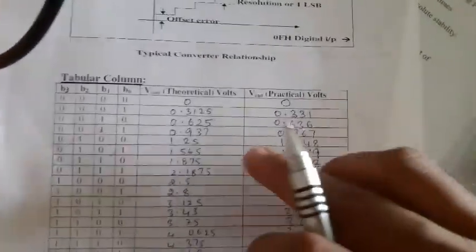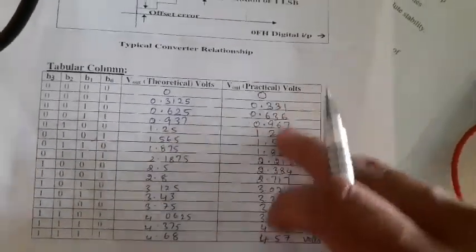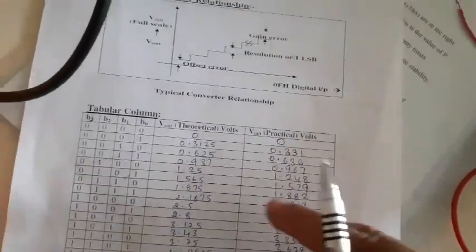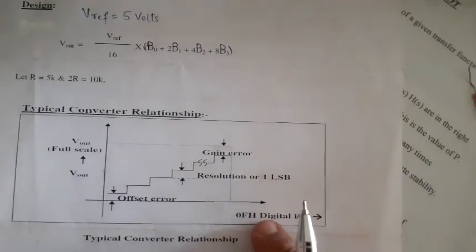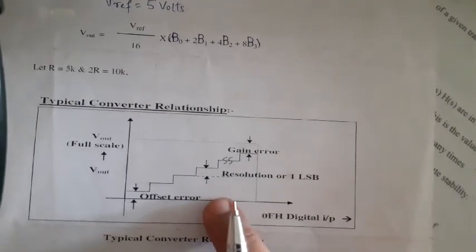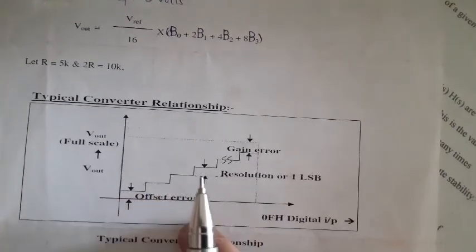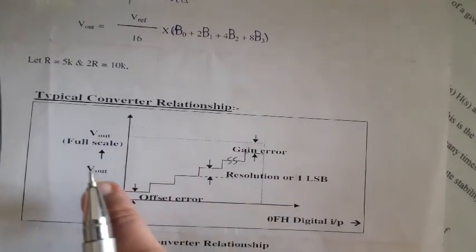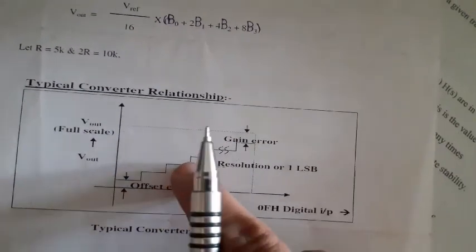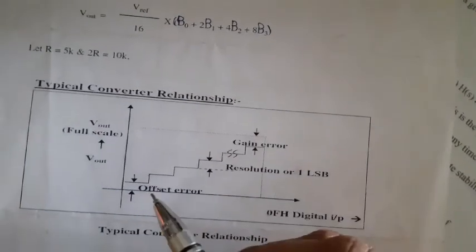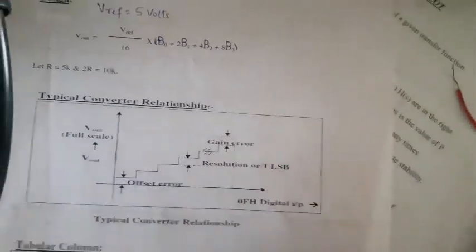For these practical values with respect to digital input, you have to plot a graph like this. When you plot a graph of digital input versus your output voltage, you will obtain a ladder structure like this.